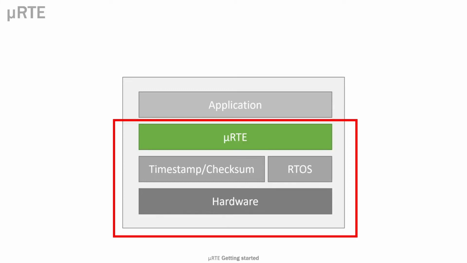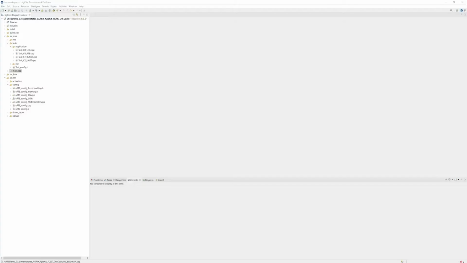In addition, we need certain services like, in the current implementation, a timestamp source, which later on will be used to calculate signal ages and similar. And we might want to integrate drivers to perform checksum operations. In this example, I'll show the integration onto an Infineon Aurix generation 2 and a HighTec PXROS.